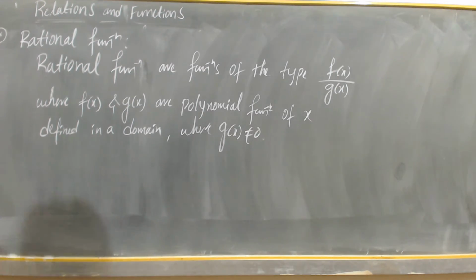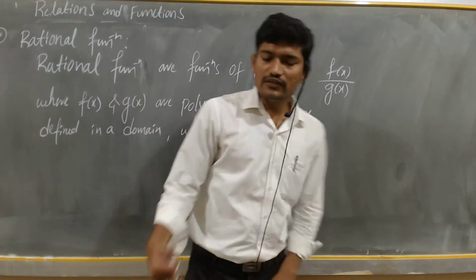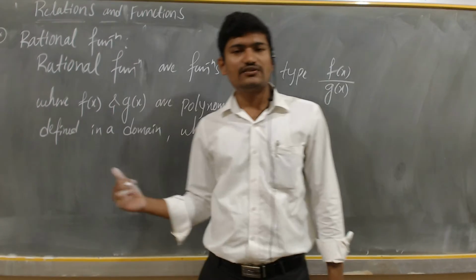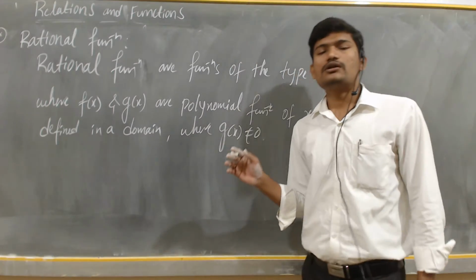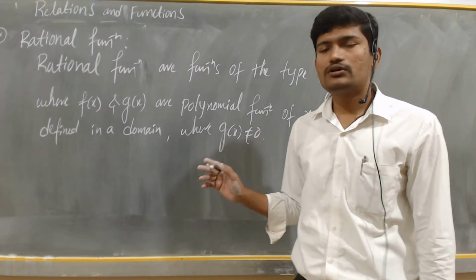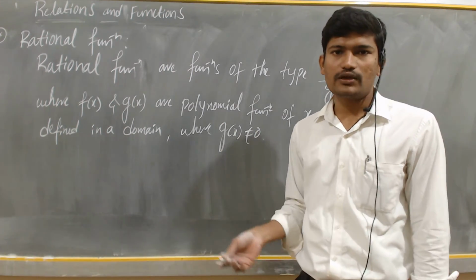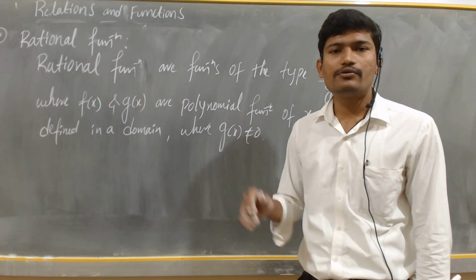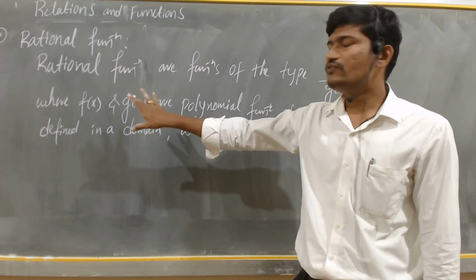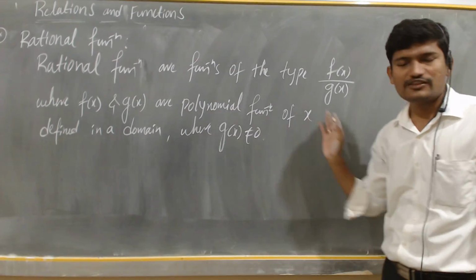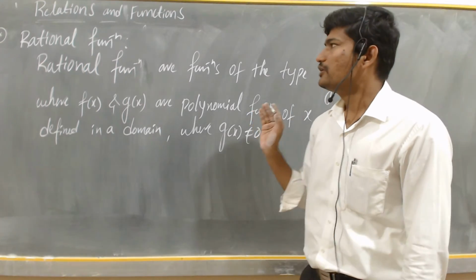Dear students, in this type of rational function, there is no particular diagram, there is no particular domain and range. With an example, we can express this one. But even with an example, it is not important. So just for your knowledge purposely, I wrote an explanation, meaning what is meant by a rational function.